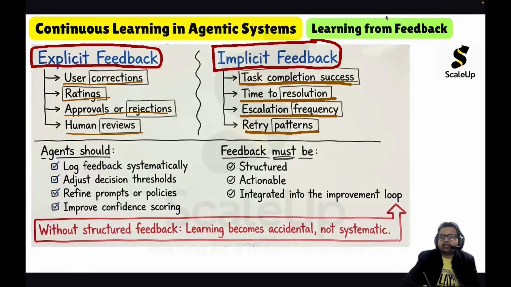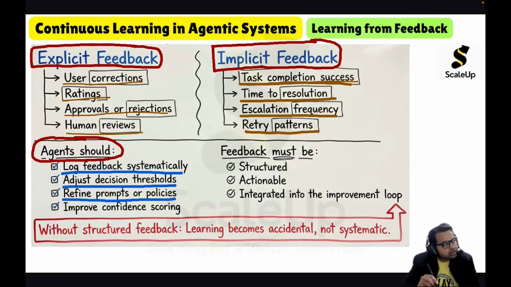So the idea is agents should log feedback systematically. They should adjust decision thresholds based on the feedback. They should refine prompts or policies based on the feedback, and they should keep on improving confidence scoring.